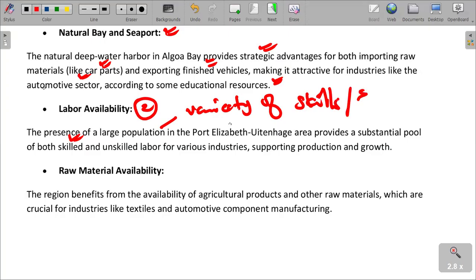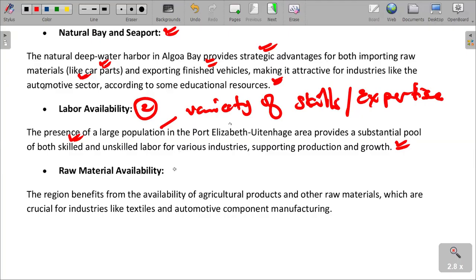We talk about expertise, which is very important in terms of production and growth. We have both skilled and unskilled labor in various industries supporting production and growth in Port Elizabeth. So they remain a good advantage of labor supply because of the large population.